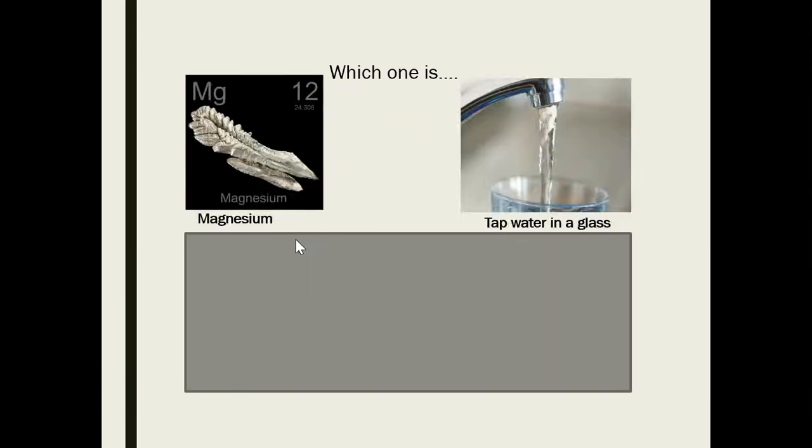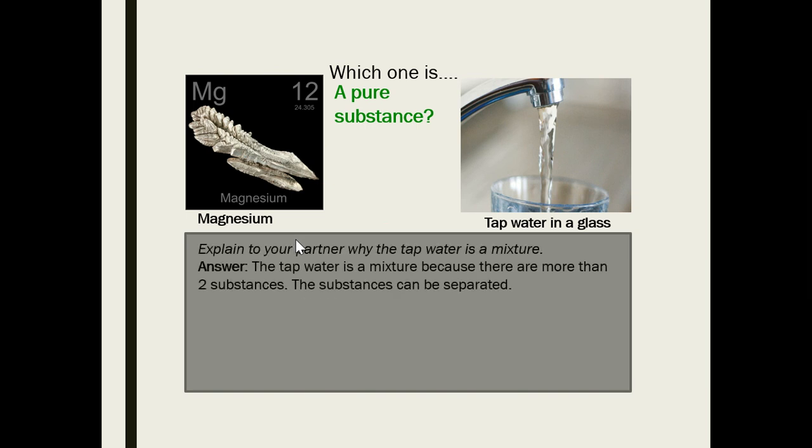Which one of these is going to be a pure substance? Is it magnesium or tap water? Well, magnesium is going to be a pure substance, and tap water is going to be a mixture because with tap water, there's more than two substances. The substances can be separated. Whereas the magnesium, it's one thing. Mg.